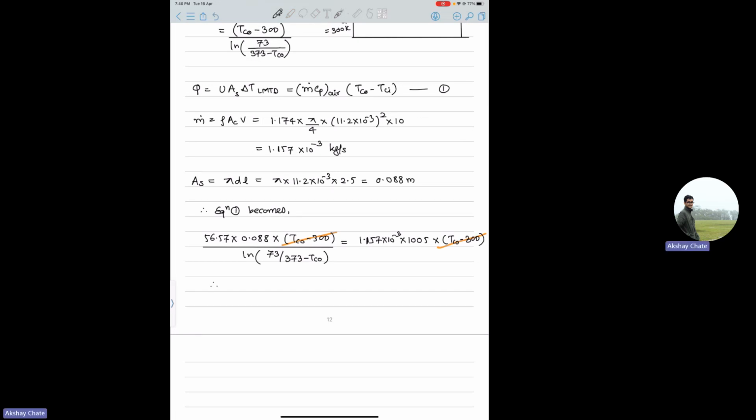And what is that? Therefore you have ln 73 by 373 minus TCO is nothing but 56.57 into 0.088 divided by 1005 into 1.157 into 10 to the power minus 3.